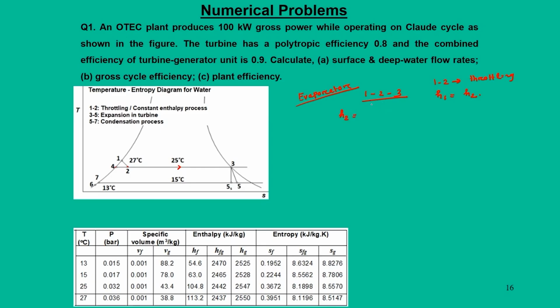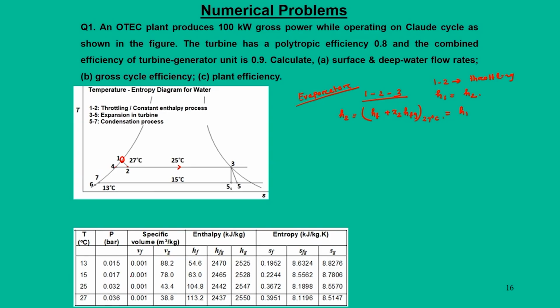Now, when you say H1 is equal to H2, H2 stands as HF plus X2 into HFG, available at 27 degree centigrade, and that is nothing but H1.